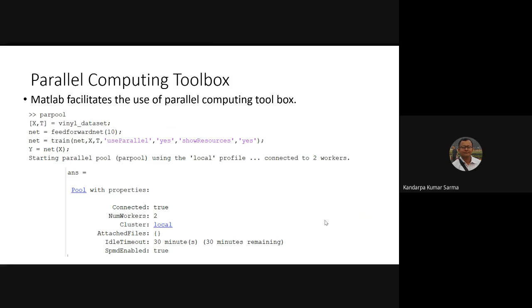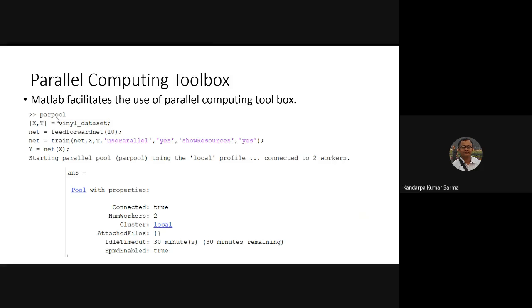Now here is a case where, as part of the neural network NN toolbox, there is a provision for the use of the parallel computing toolbox. Here is a declaration through which you tell the compiler that you will be using the parallel processing toolbox.